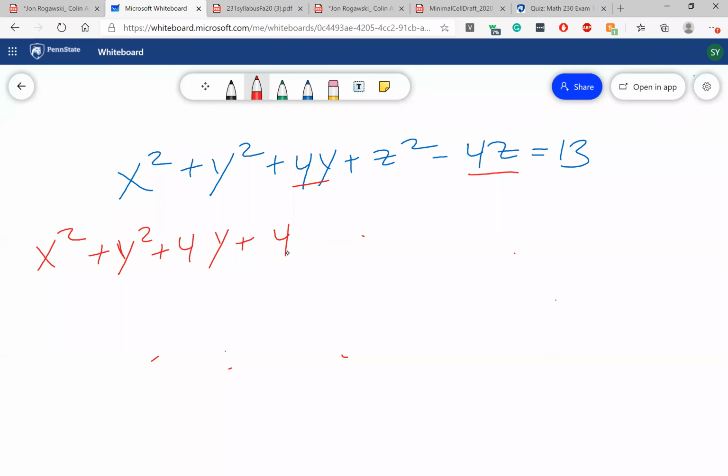And then for the z, you can say plus z squared minus 4z plus 4. It's going to be negative. Okay, so plus 4.